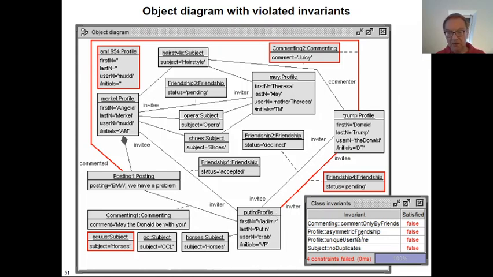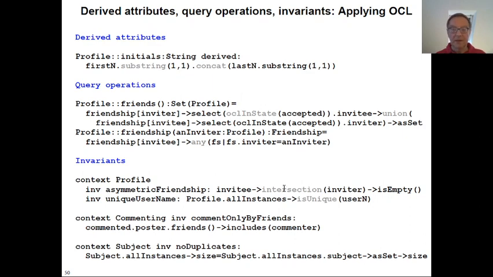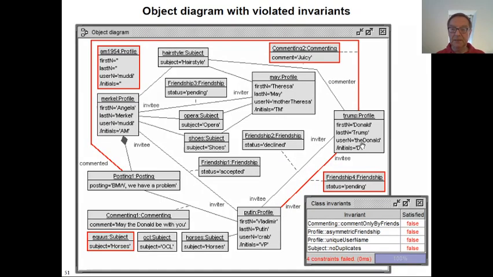It is according to the invariant, to the constraint asymmetric friendship, because now this intersection between invitee and inviter is not empty. So the constraint fails exactly because of this situation here.